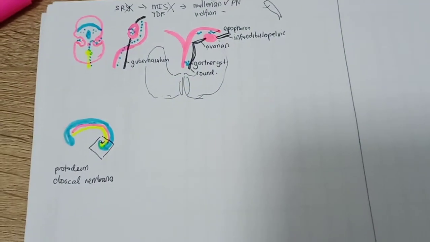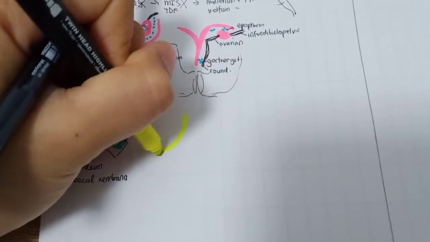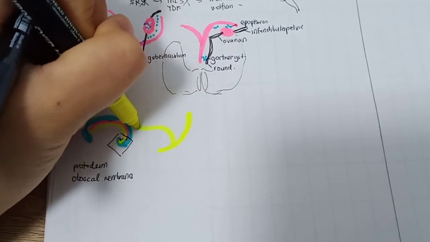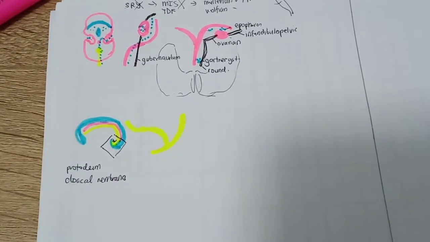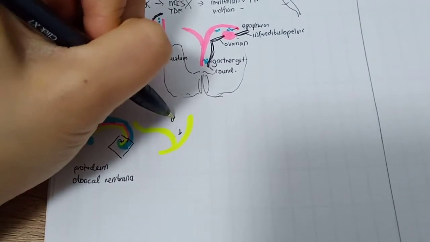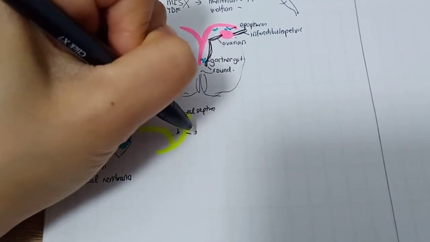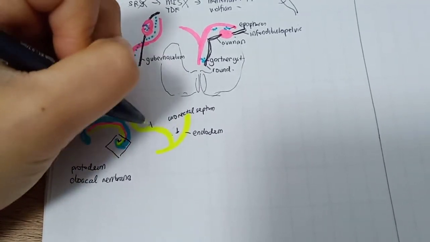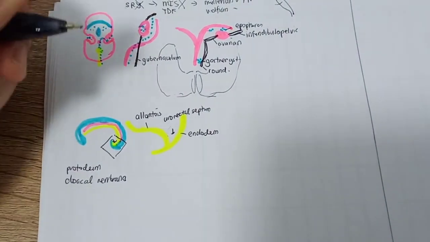So let's zoom in on what actually happened there. Here we have the endoderm, and we have what we call the allantois. At this point, we only have what we call the urorectal septum. This is the endoderm. This is the allantois.